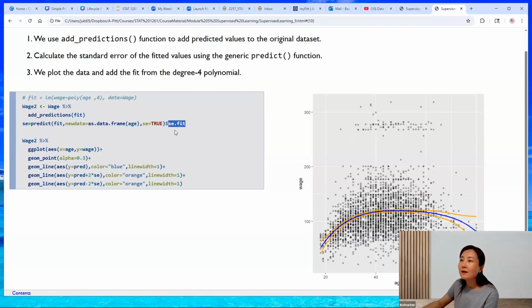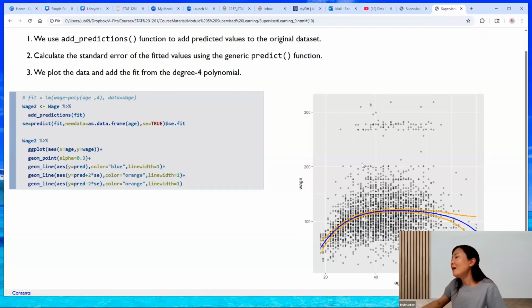And then I pull out the standard error, that is se. Then we can use these formulas to calculate the confidence band. Predicted value plus 2 standard errors is the upper band. This curve, and then this one is done.